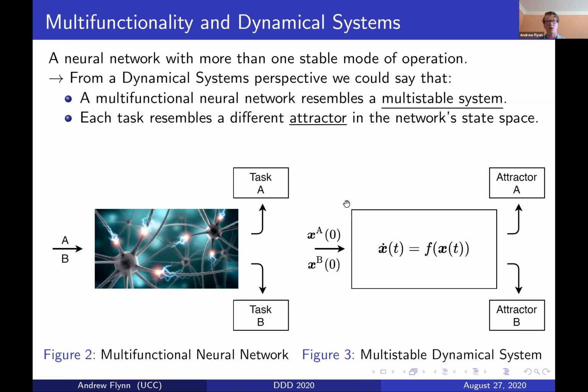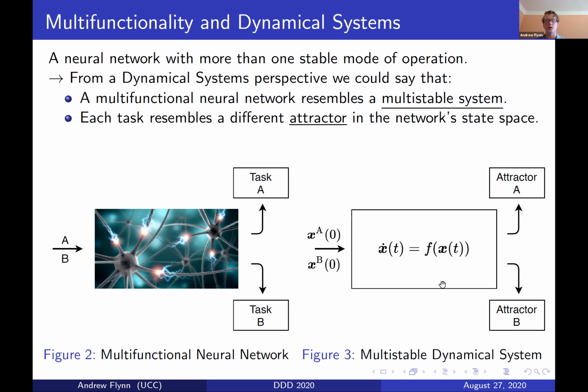So if we compare and contrast these two figures here, what we have on the right is just some diagram illustrating what a multi-stable dynamical system is. I have the state of the system described by the vector x, which evolves continuously in time under some function f.